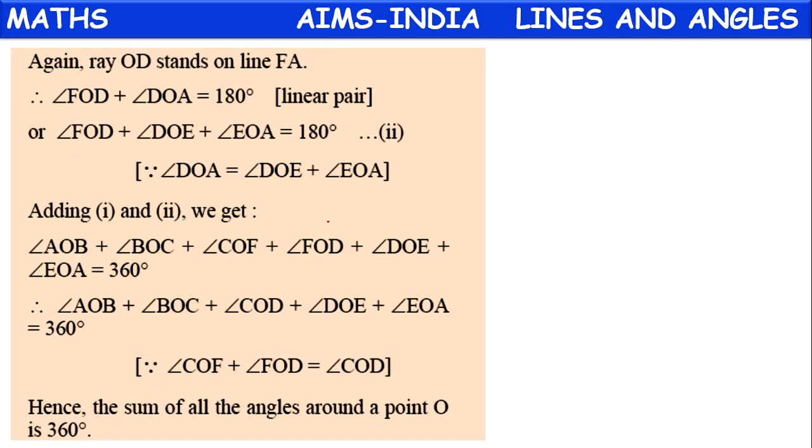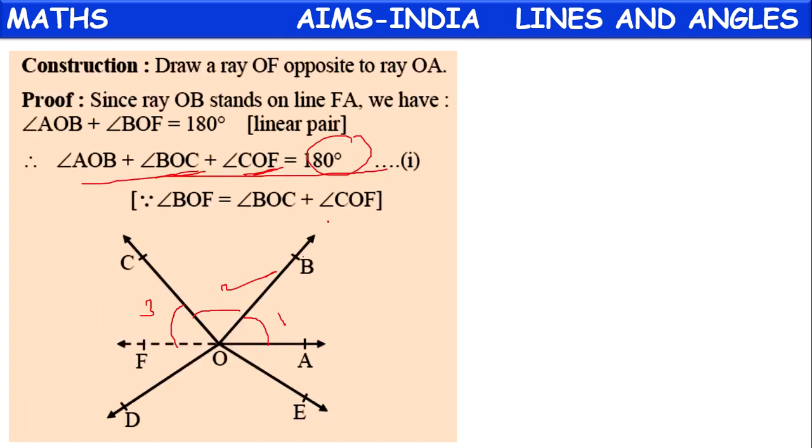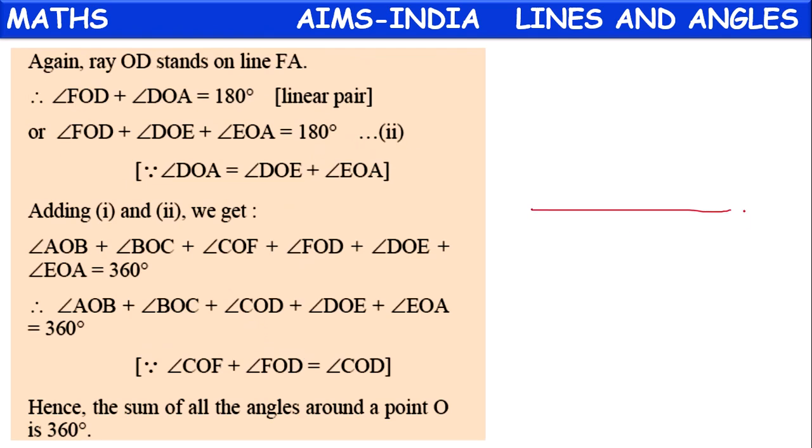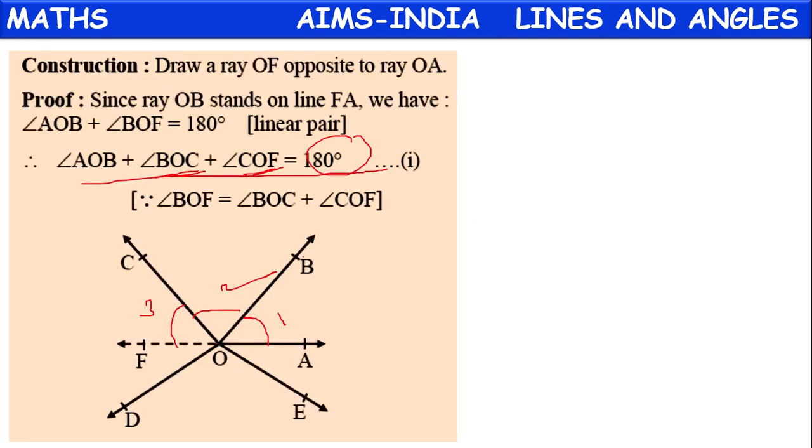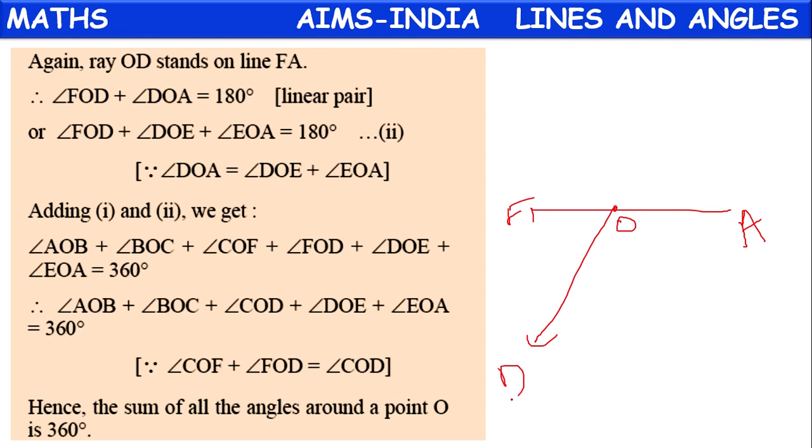In the same way, this is A, this is F, this is O. Now here, ray OD is standing on the FA line. So this part will make a linear pair. FOD plus DOA equals 180 degrees, a linear pair, the total angle on a straight line, but on the downside.